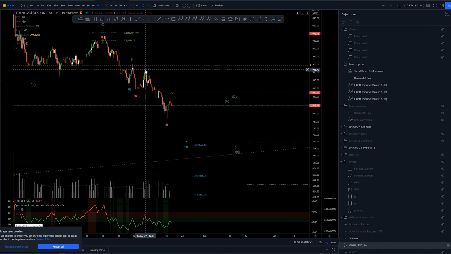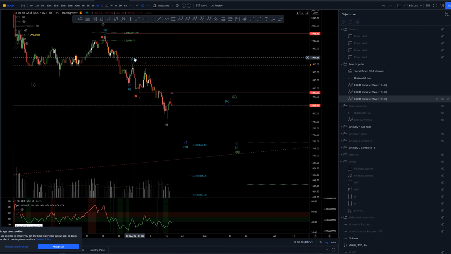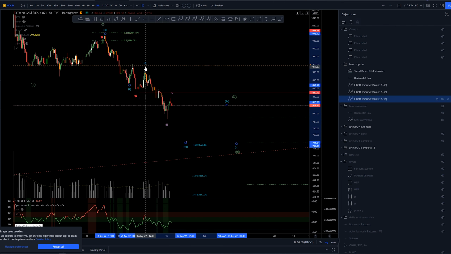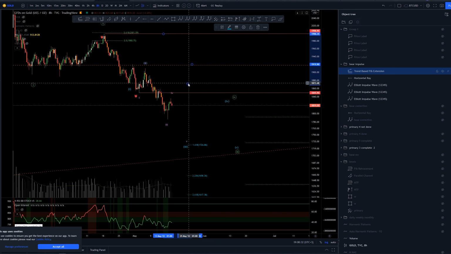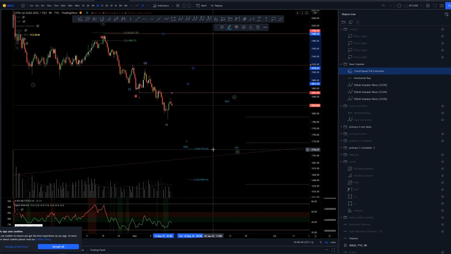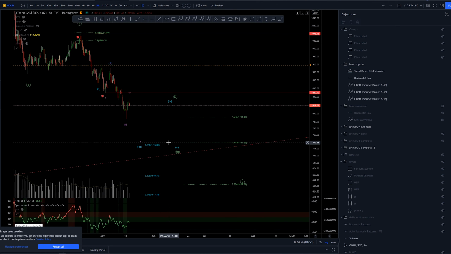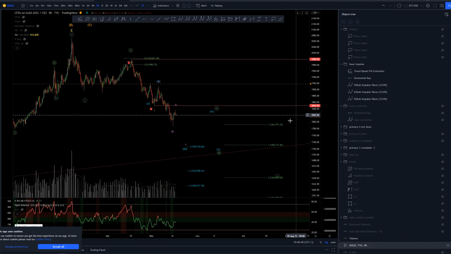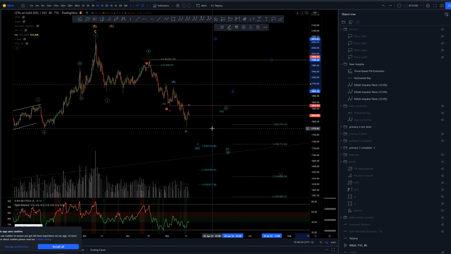Now that wouldn't make too much of a difference on the targets here for the wave. Let's see, we do have it here. For the wave 3, 1.618 would be around 1718 instead of the 1726 or 32. But yeah, those are basically the options currently.